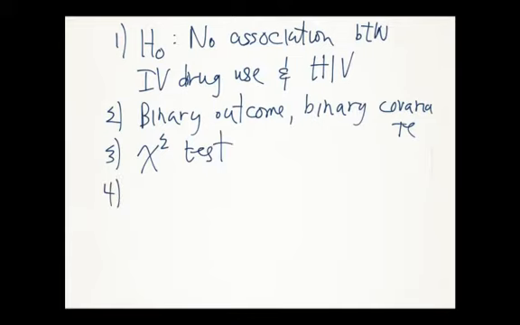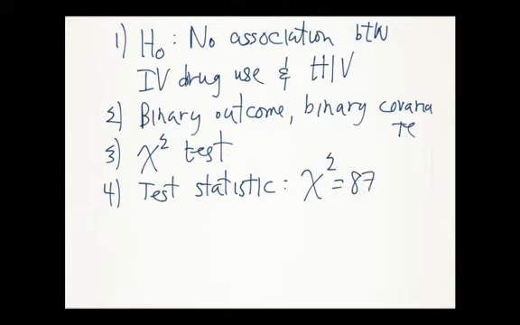Step 4, we have to write down our test statistic. This is obviously going to come from Stata. We won't compute this by hand. The chi-square statistic in this particular example is 87.5. Once we have our test statistic, we can get the corresponding p-value, which here is less than 0.0001.